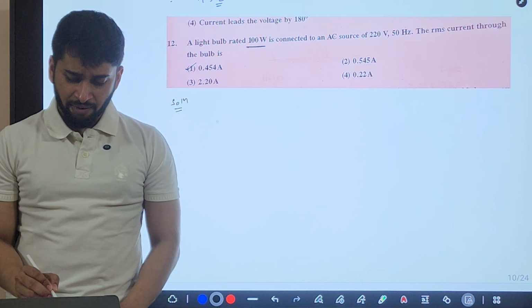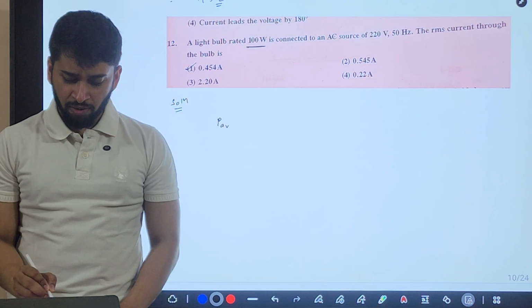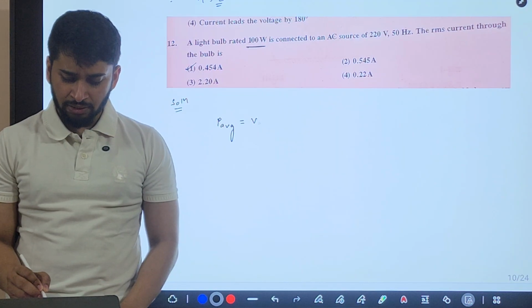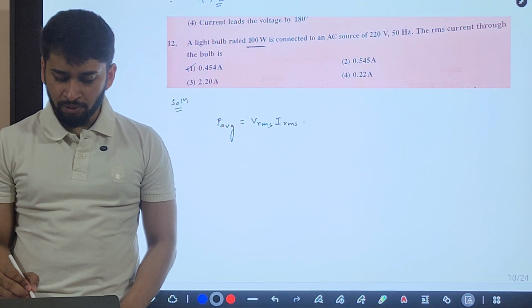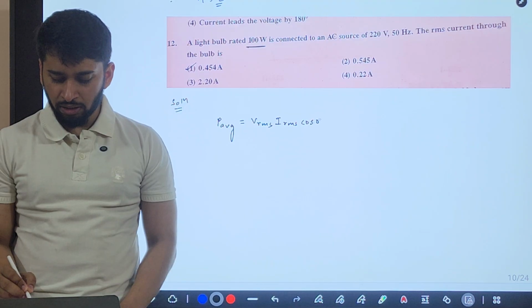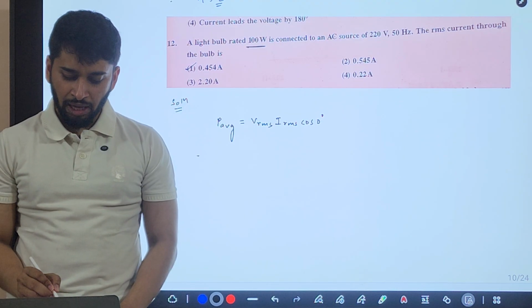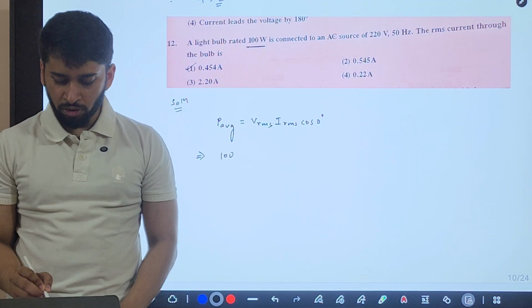So average power is VRMS, IRMS, cos phi. Here a light bulb is just a resistor, so phi will be 0 degree. Fine. So average power they have given is 100 watt.